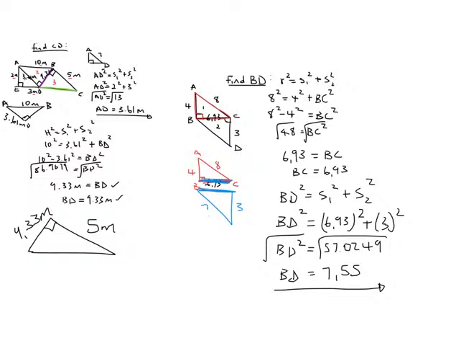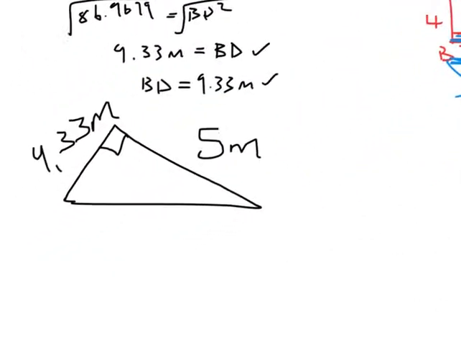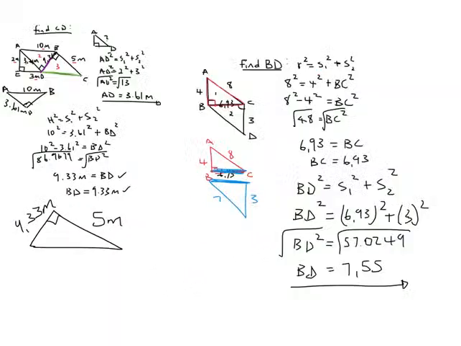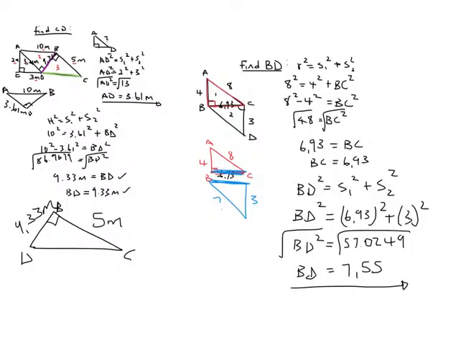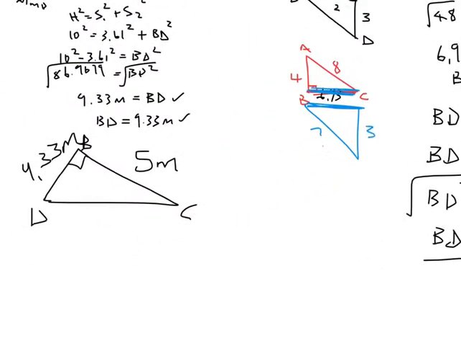Yes, I think this is all that we need. Then maybe let me just put in the letters: this is point B, this is point C, this is point D. So it looks like the side that I'm looking for is the hypotenuse.